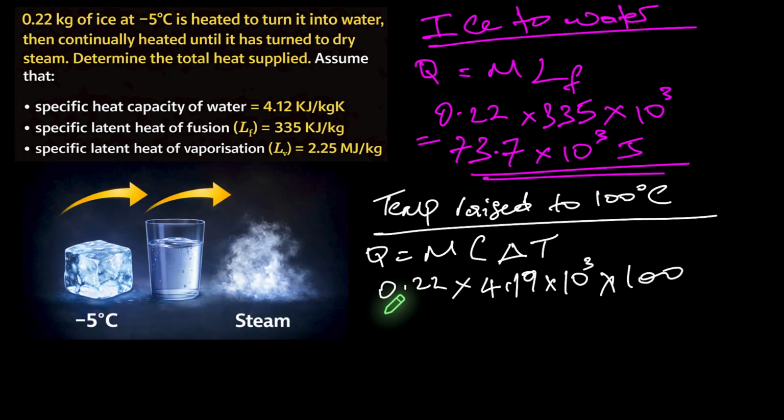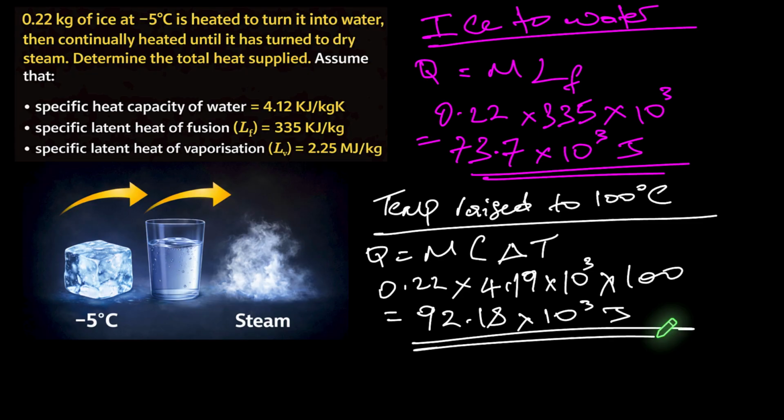So our answer for the heat required to raise the temperature to 100 degrees Celsius is 92.18 times 10 to the power of 3 joules. So the temperature of our water is now raised to 100 degrees Celsius, and that's the highest we can go.